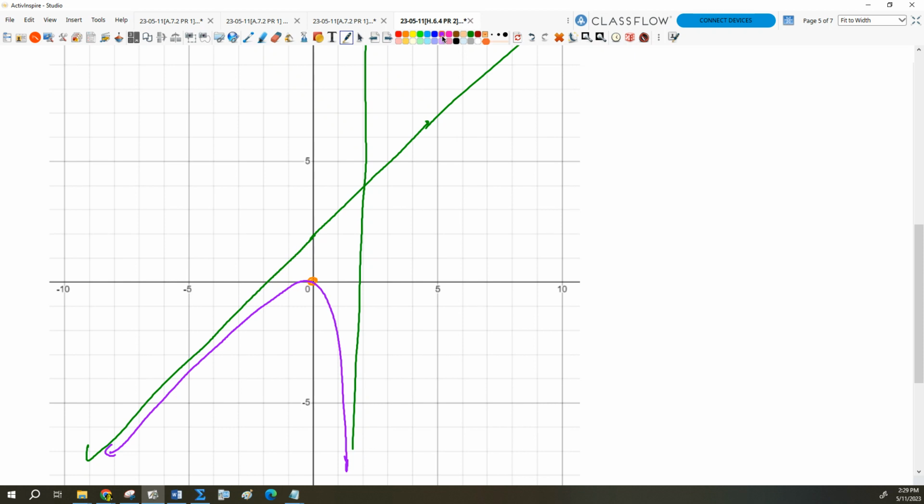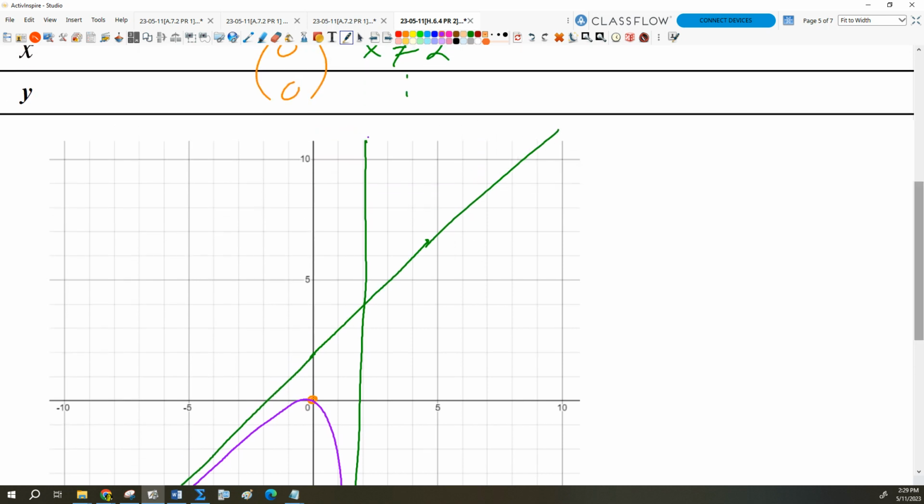Okay, what are the options on the other side? There's only two choices. Actually, there's only one choice. We already know what it's going to be, because it only touches the x-axis one time. So if it's got to stick to those axes, it's got to be this one up here, right?